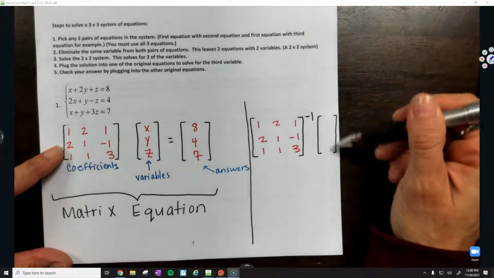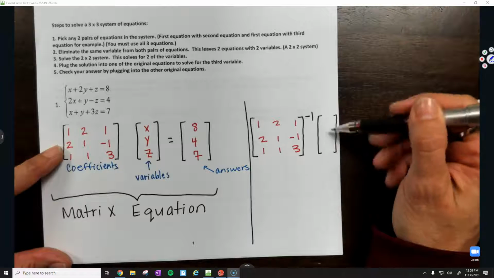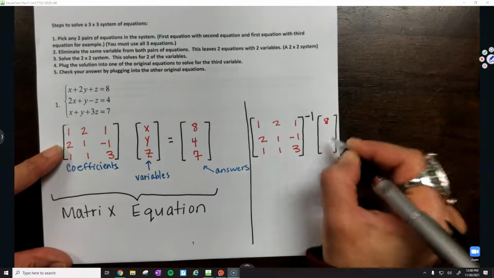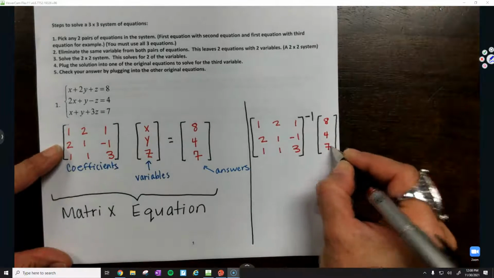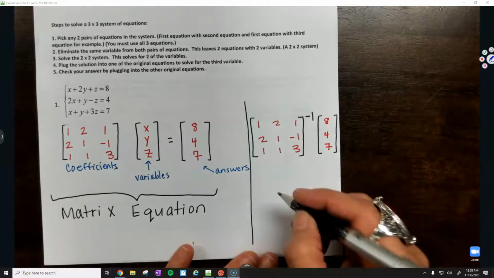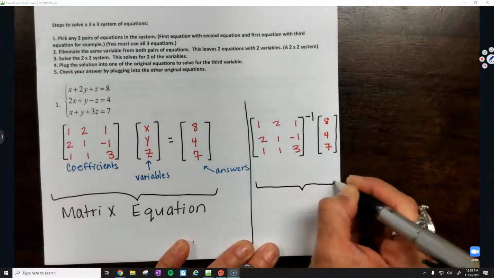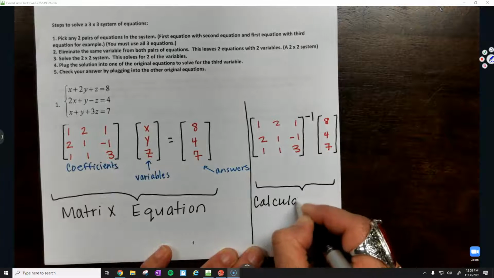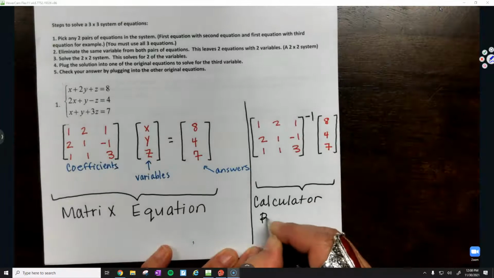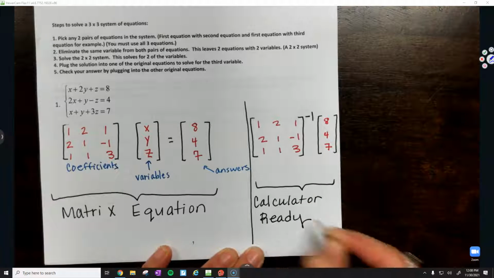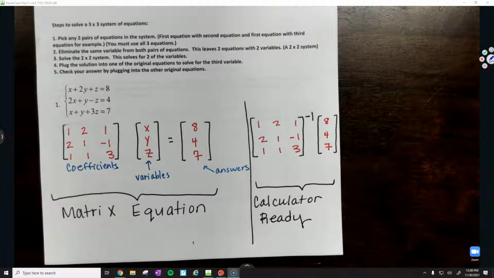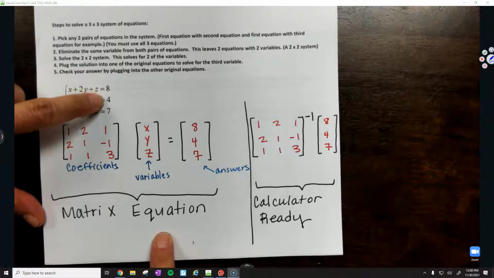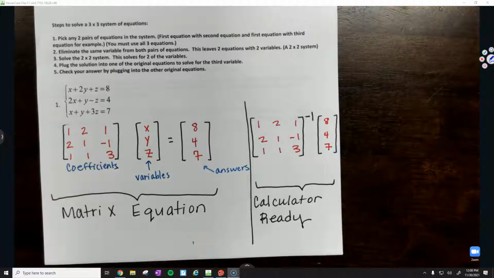But remember, we're going to multiply by the answers, so I'm writing in an 8, 4, 7 right here. So this is what is called calculator ready. And y'all, when we type that in, it's going to give us the answers. Yes? Where'd you get 8, 4, 7 from? From the answers over here on the equal signs. Oh. Good question.